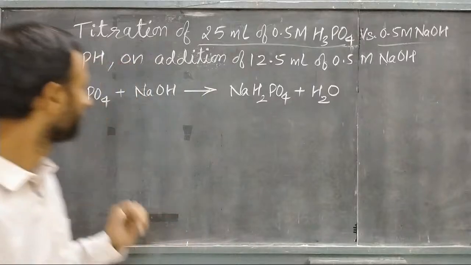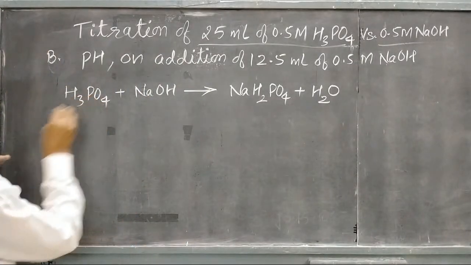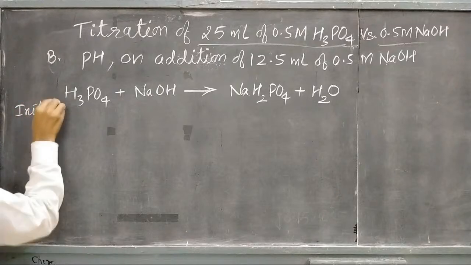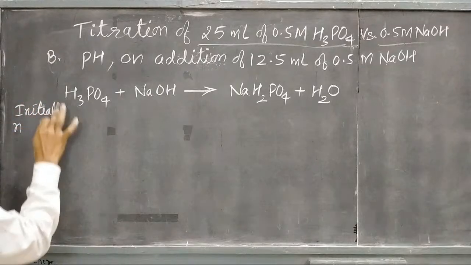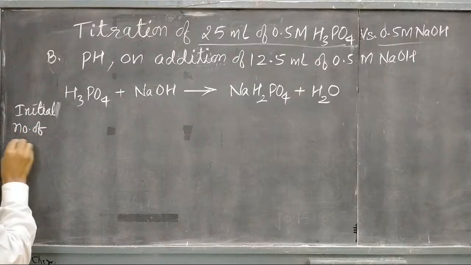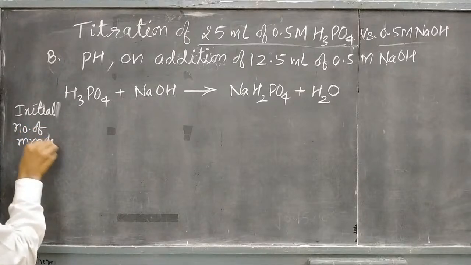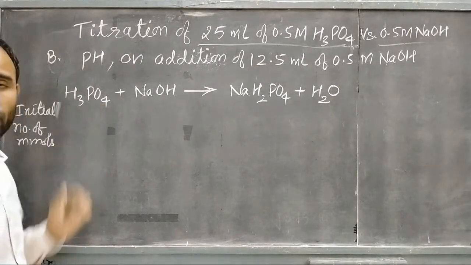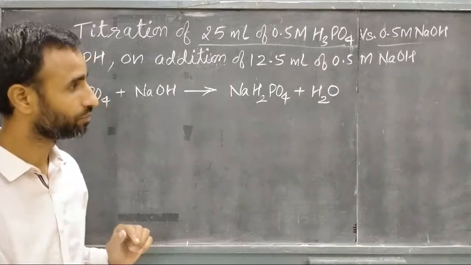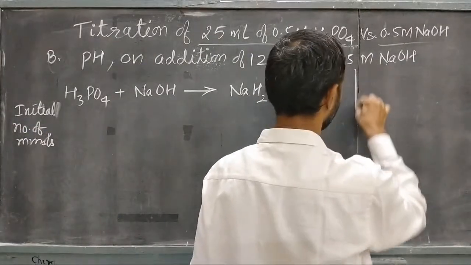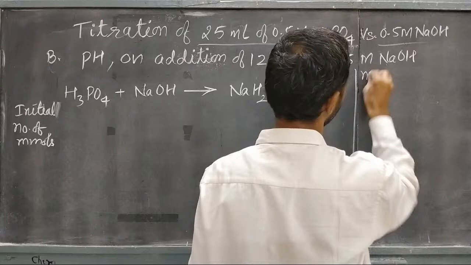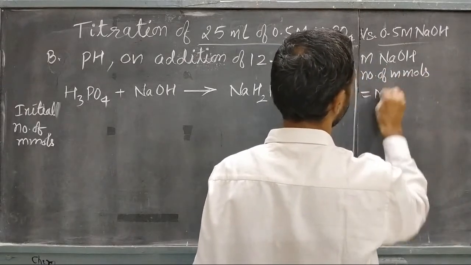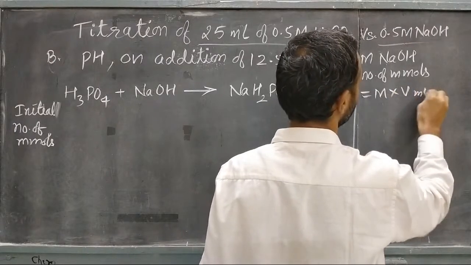Okay. Now, initial number of millimoles. So tell me, how many millimoles of H3PO4 are there? Formula: number of millimoles equals molarity into volume in ml.